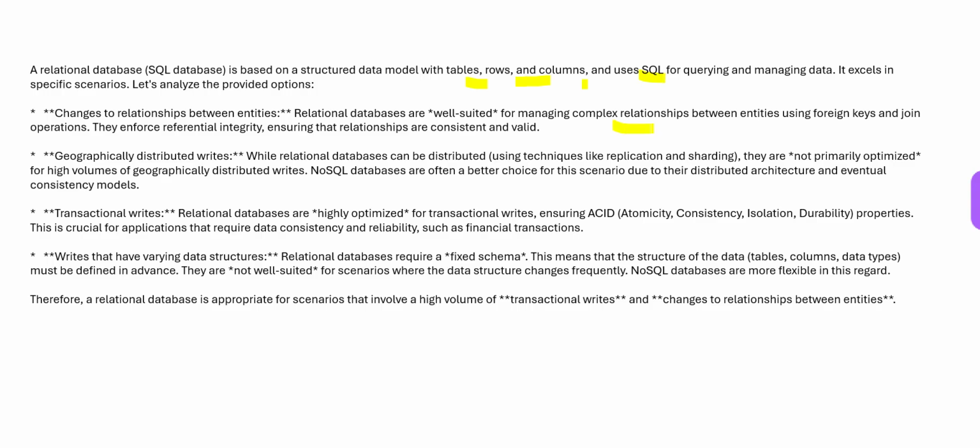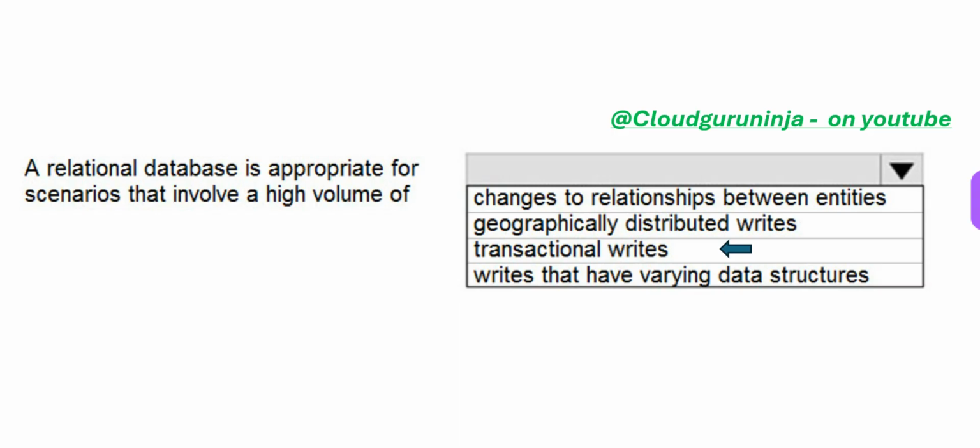Can we do it or not? Yes, we can do it. But if I compare all of these, transactional writes are highly optimized. Why? Because we have a very high degree of ACID compliance. This is crucial for data consistency and reliability for financial transactions. That is why transactional writes would be our answer in this case.